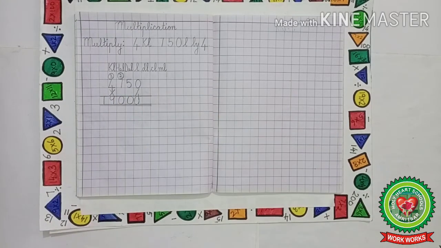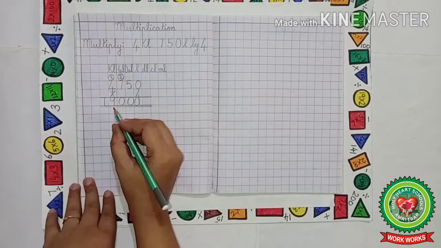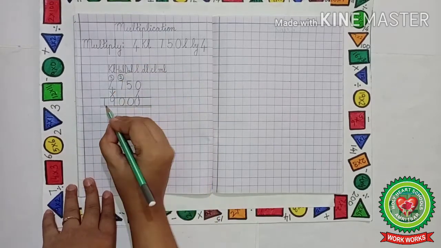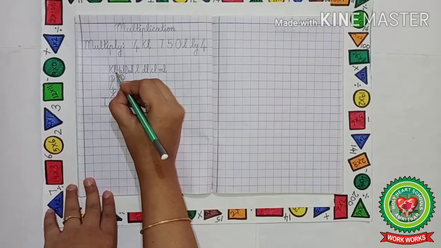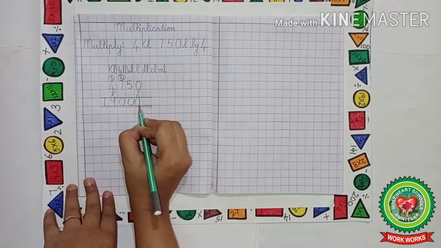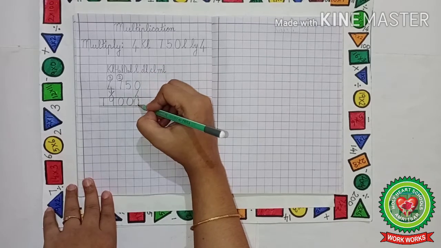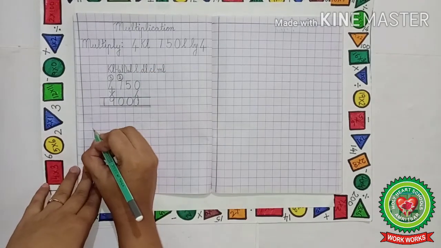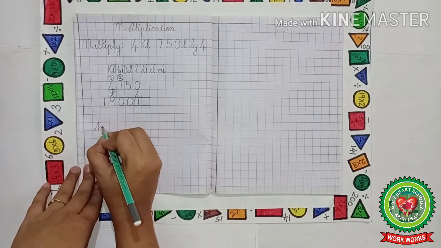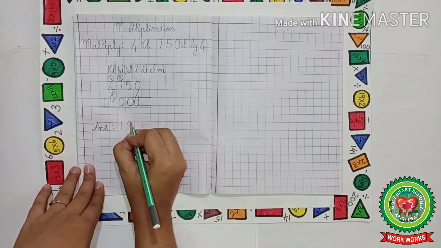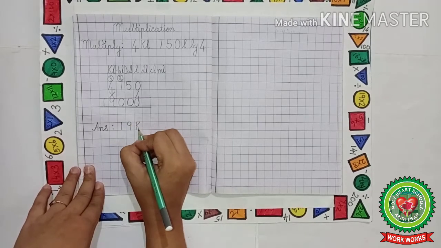Now let us write the answer. As you can see, 19 is coming under kiloliters place. So it is 19 kiloliter, and 000 is coming under liters place. So it is 000 liter. So let us write the answer. 19 kiloliter.